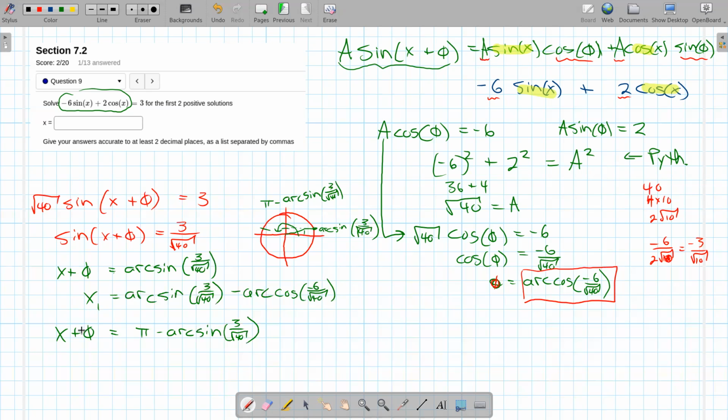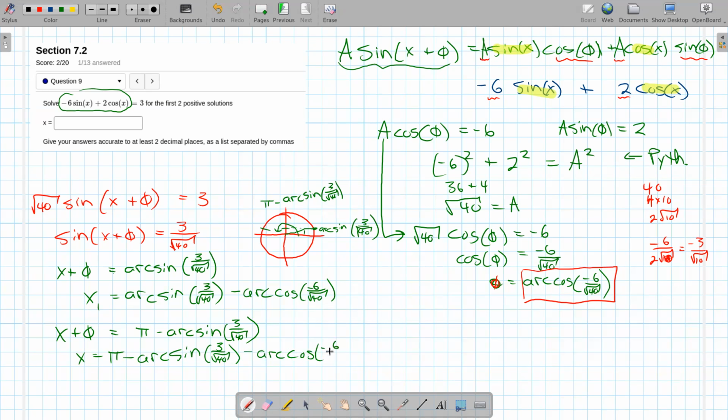And the same thing happens here. I need to subtract the phi over. So x would be that pi minus the arc sine, and then minus also the arc cosine.